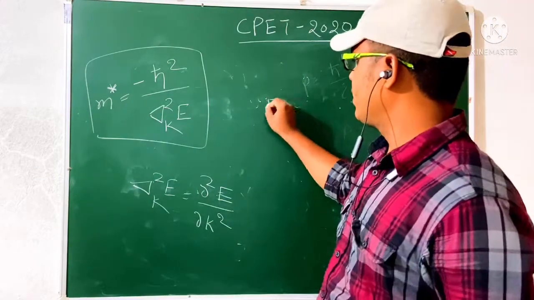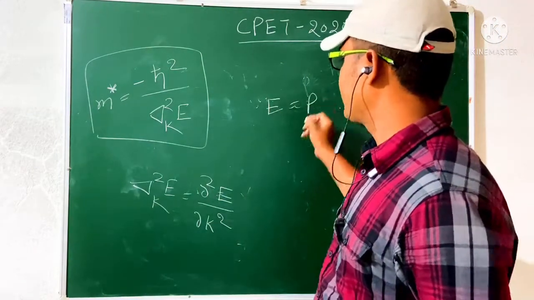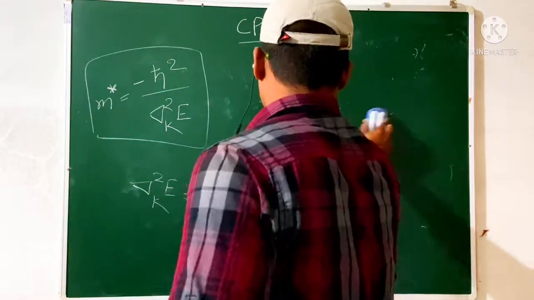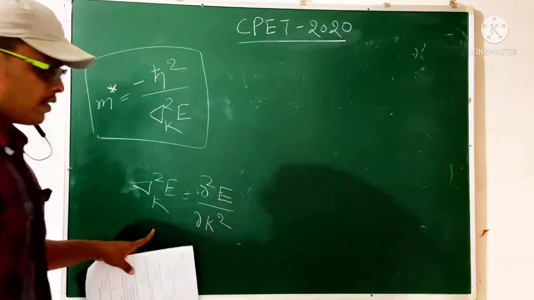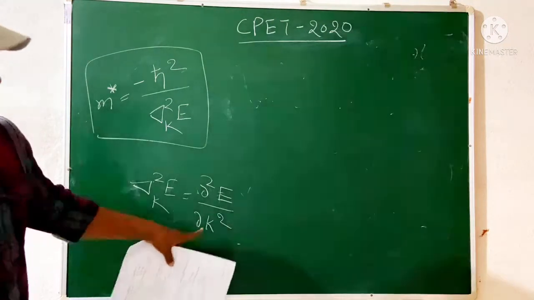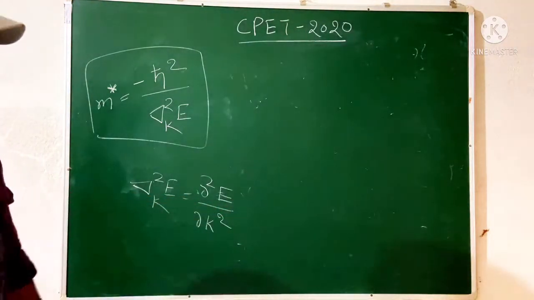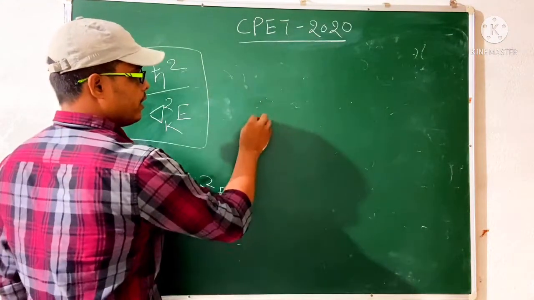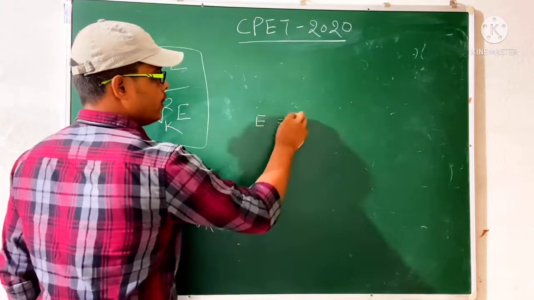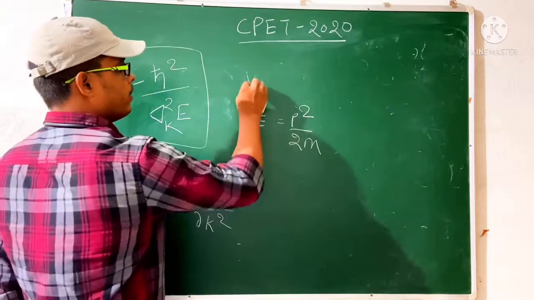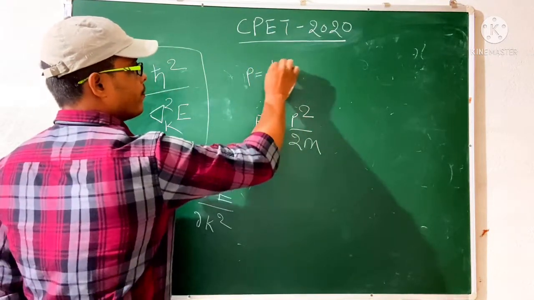How will it be? Because E equals, we know that. I am just making this clear so that you can understand. So this is del square E by del k square, the second derivative of energy with respect to k. This is the force constant. So we know that E equals p square by 2m, right? But what is p? P is nothing but h cut k.